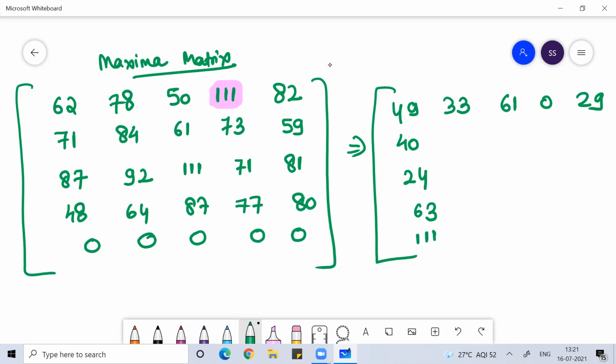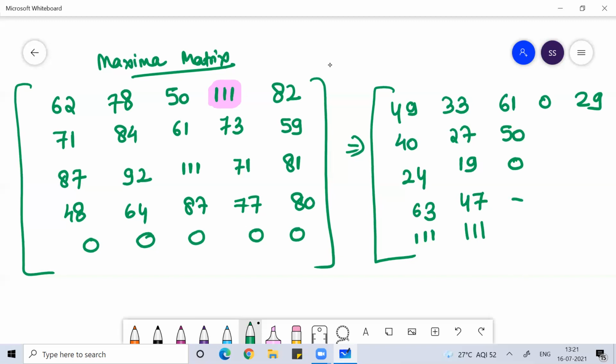Like this, you simply subtract each element from 111. So you get 27, 19, 47, then 111, then 61, then 50, then 0, then 24, then 111.